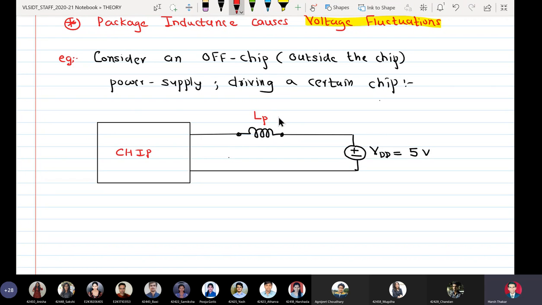LP represents the package inductance, and the IC pin.